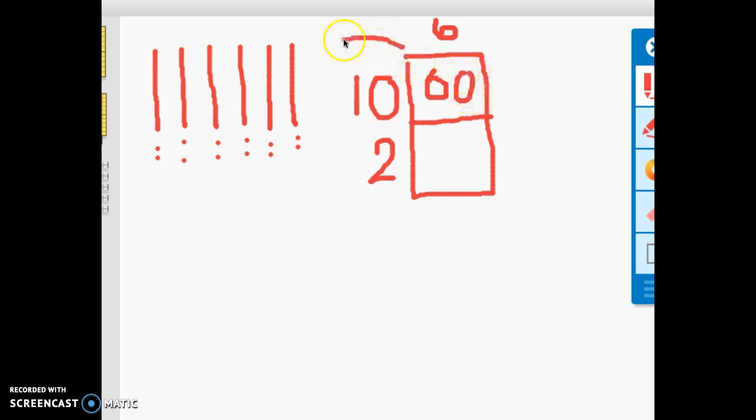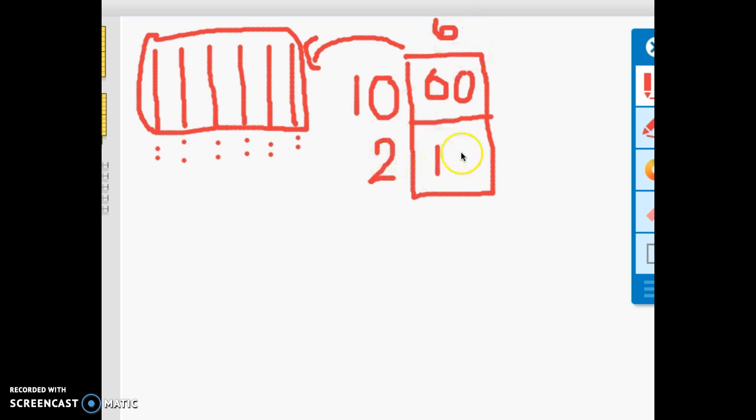And we see that here with the 6 tens. And then 6 times 2 is going to equal 12, which we see right here, in the ones.